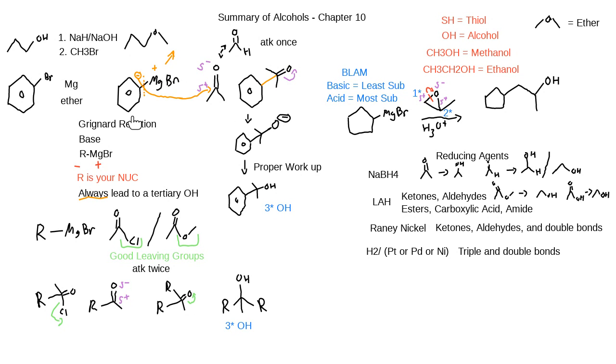Like I said in the very beginning of this unit, mechanism isn't important for every single reaction, but it does help you understand. And for some specific reactions, you should definitely know how the mechanism works. And Grignard is definitely one of those that you don't want to just simply memorize. So in case of a ketone versus aldehyde, you know whether to attack once or twice, because you know the mechanism.